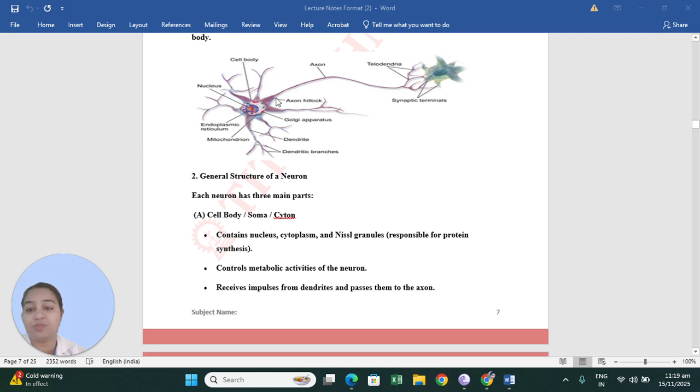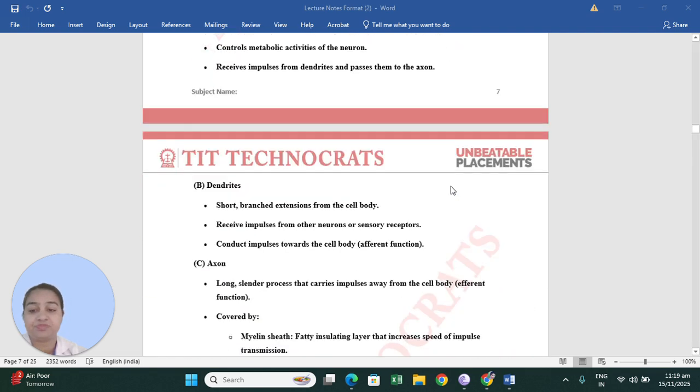So the signal comes from this side and it is passed through the axon to the synapse, and then there the neurotransmitter transmits it to another neuron or the muscle or gland, whatever is the receptor.